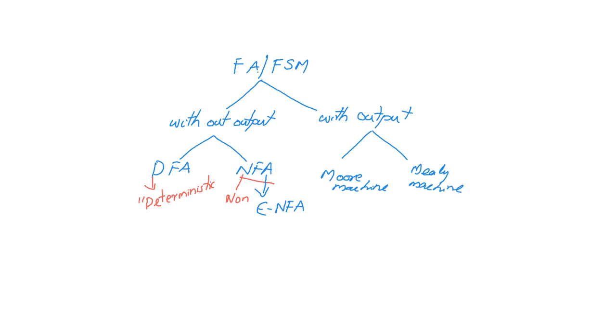Okay, so we are going to focus our attention in this video on the category of FA which has no output. So we are going to look at this particular category in this video. Again, we will be looking at very simple and elegant examples only.